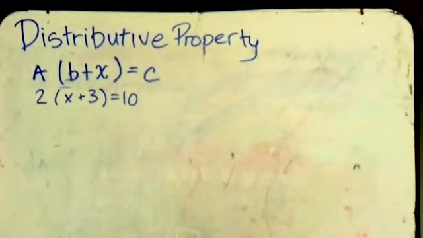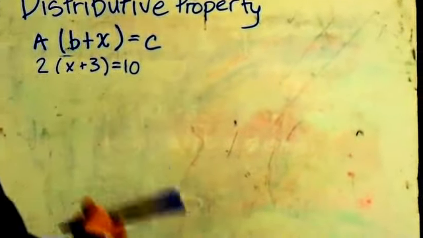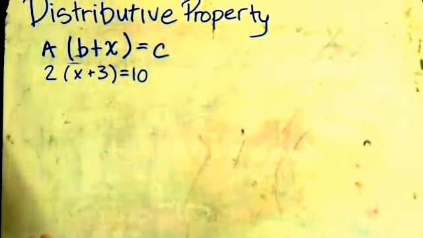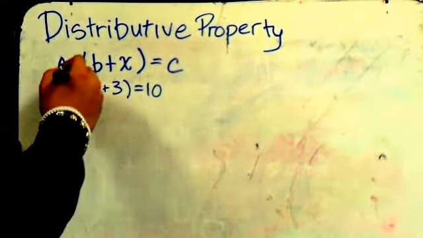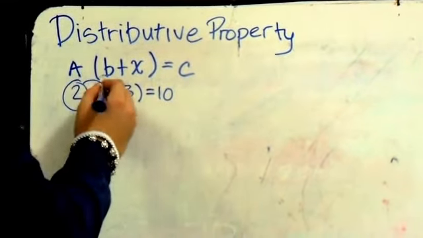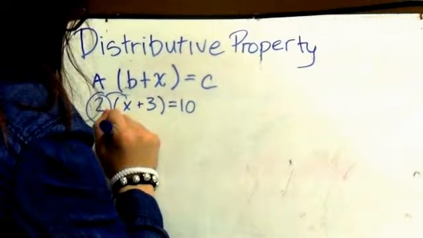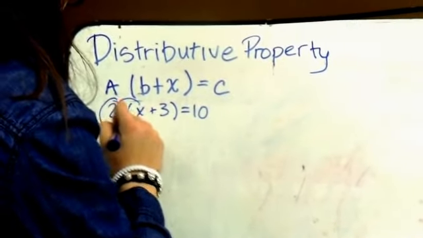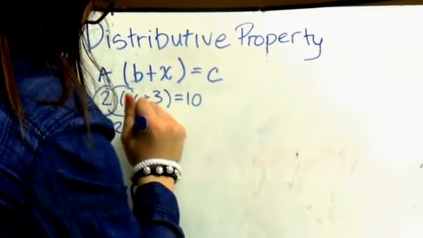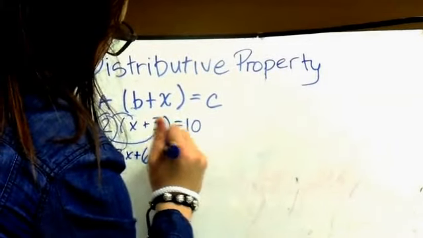And the way you find the distributive property is you do the over under way, where you go 2 times x equals 2x, and then 2 times 3 equals positive 6.